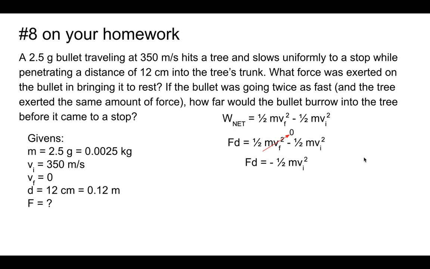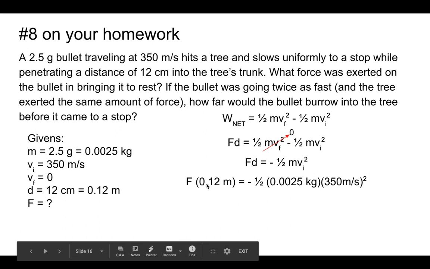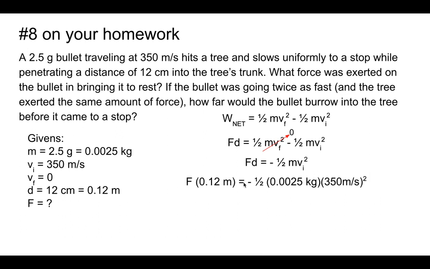Now we can plug in our numbers. We want to know force, so we leave it as F. Displacement is 0.12 meters, mass is 0.0025 kilograms, and initial velocity is 350 meters per second. So we get force times 0.12 meters equals negative 1/2 times the mass, 0.0025 kilograms, times the initial velocity, 350 meters per second, squared.